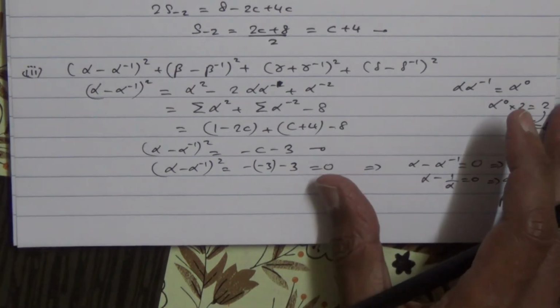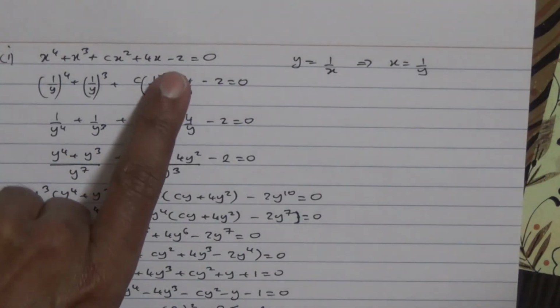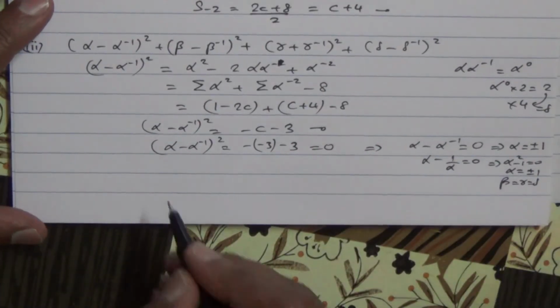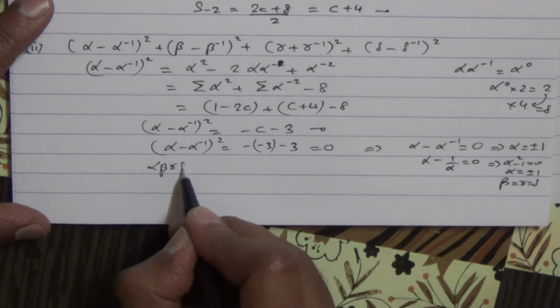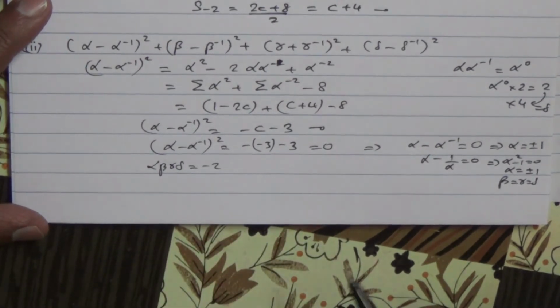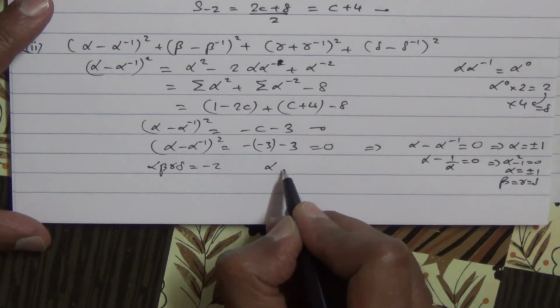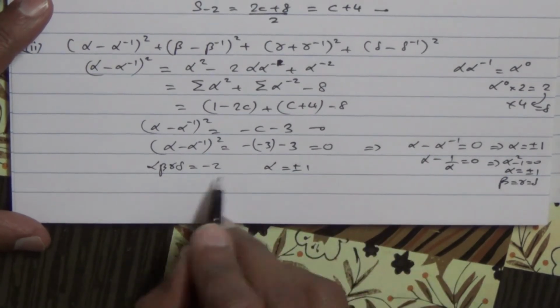But when we look at the equation carefully, since the beginning, there's a minus 2 here. What is that minus 2? What does that mean? Basically, the product alpha, beta, gamma, delta is equal to minus 2. But if alpha, beta, gamma and delta are all plus or minus 1, it doesn't correspond.